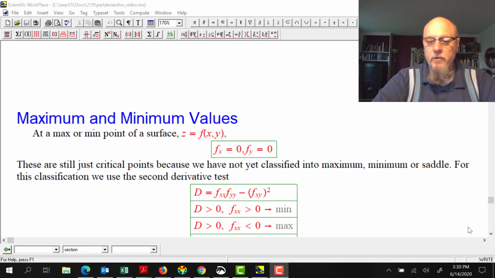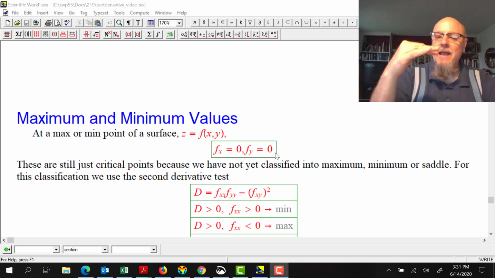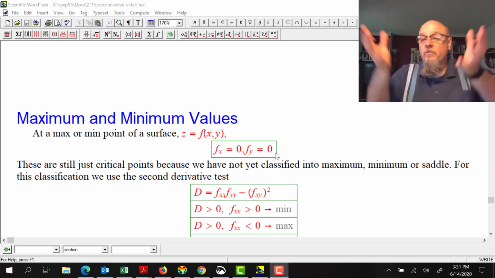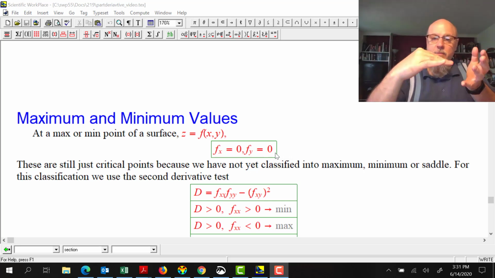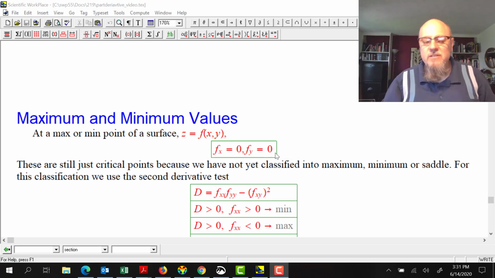That's going to be how we find the critical points. We take the two partial derivatives of our function and set them equal to 0. So the curve is flat in the x direction and flat in the y direction. If it was a minimum, it would be flat in both directions. If it was a maximum, it would also be flat in both directions.